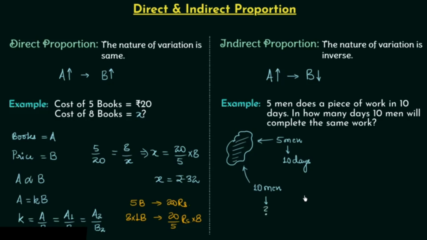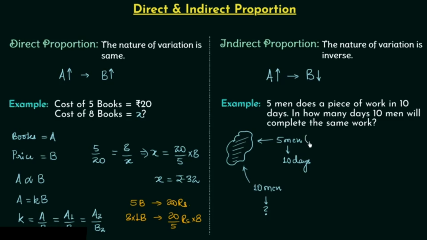So what do you think? The same work is being done by 5 men and 10 men. 5 men are taking 10 days and 10 men will take how many days? It is certain that 10 men will take fewer days than the 5 men.